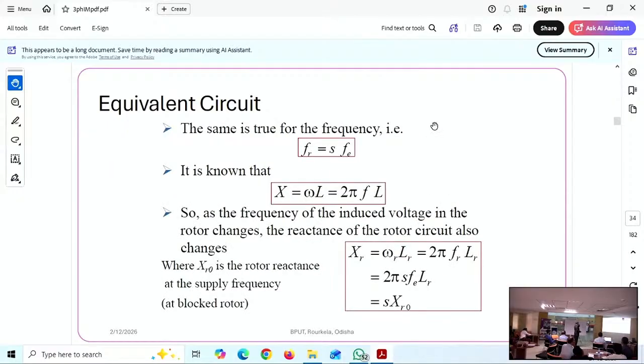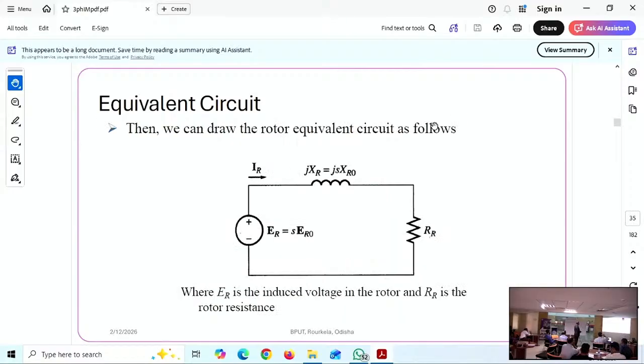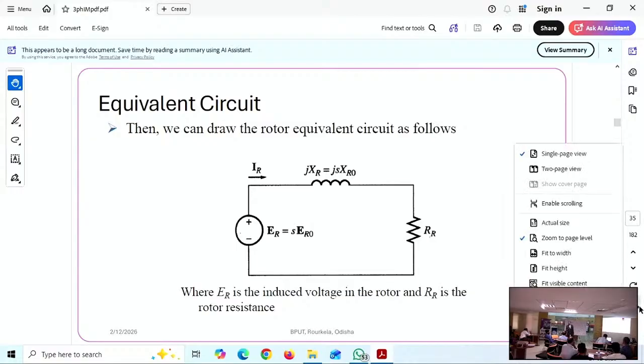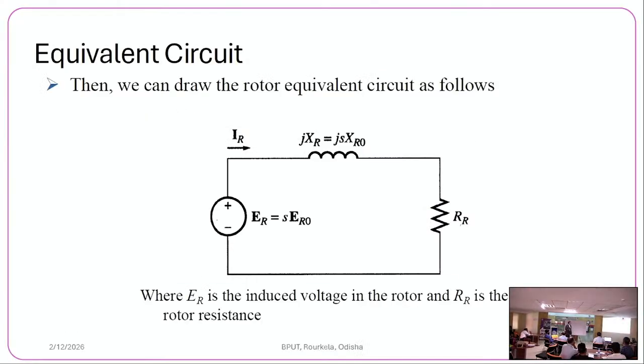So similarly you get the reactance, everything. Then the rotor characteristics give you the equivalent circuit. Now the equivalent circuit, all of you know, there is nothing new, just a brief refresher.